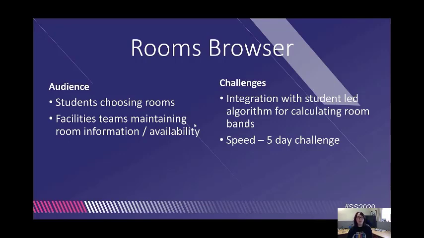So if they need to get an income of X amount per year, there is then an algorithm that works out, based on the quality of each of those rooms, what the fee should be each year. So the rooms are banded with A, B and C, etc. And the students have actually written the algorithm that calculates this.